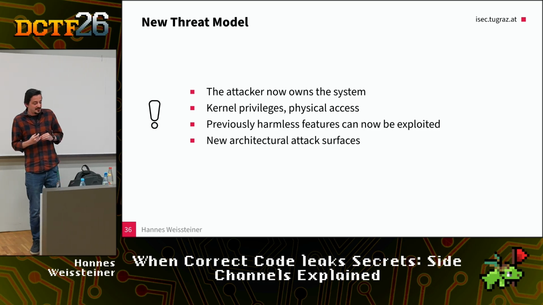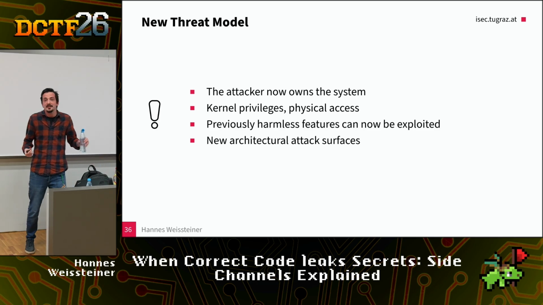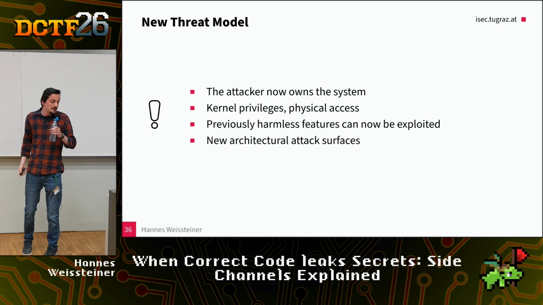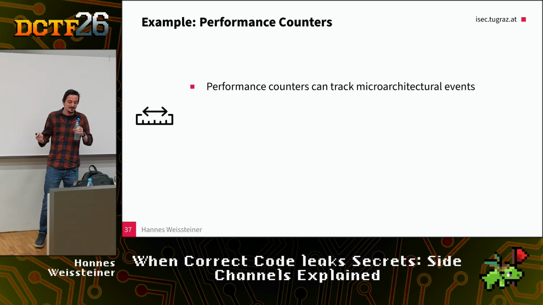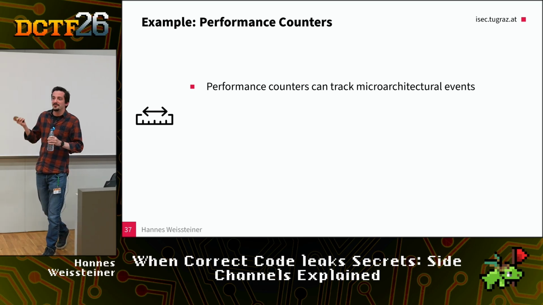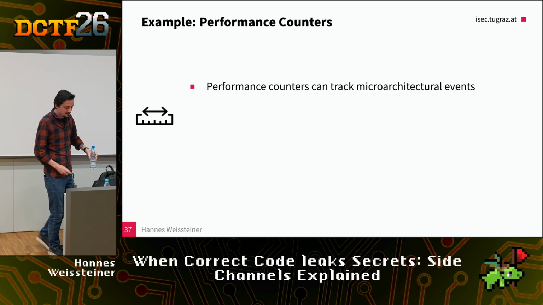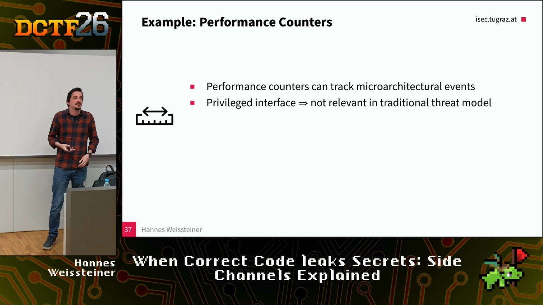There are architectural attack surfaces, like if something is implemented wrong, obviously. If there's a bug in the confidential computing setup, you can break it. But there's also new side channel opportunities, for example, performance counters. They are privileged counters that count certain events on the system. Because they were privileged previously, they did not matter at all.